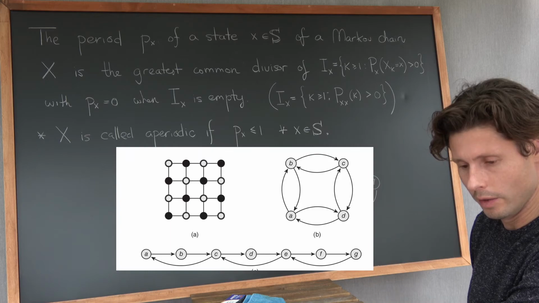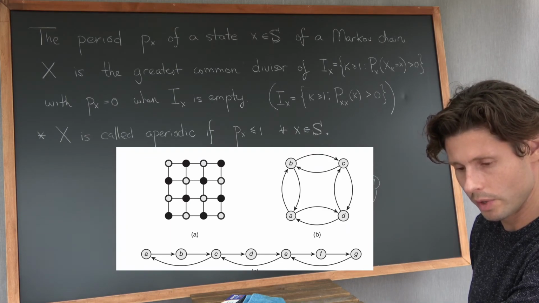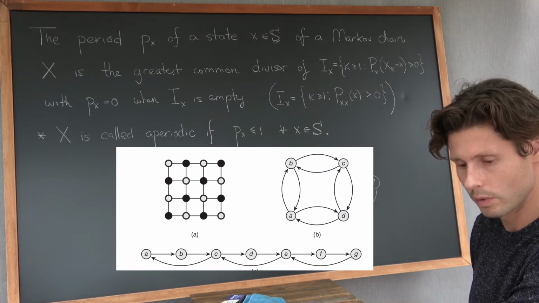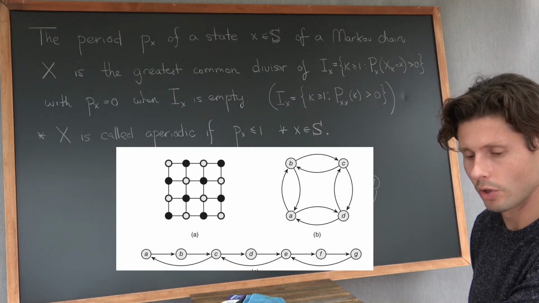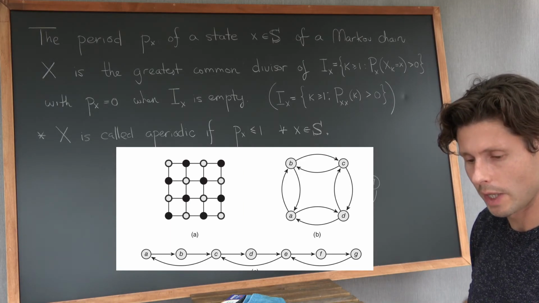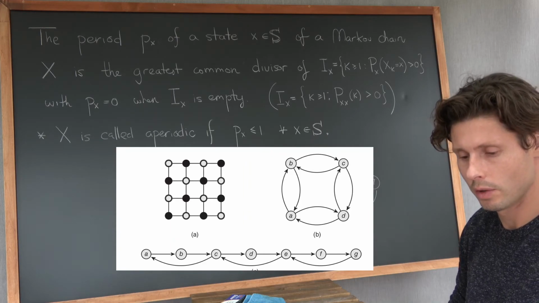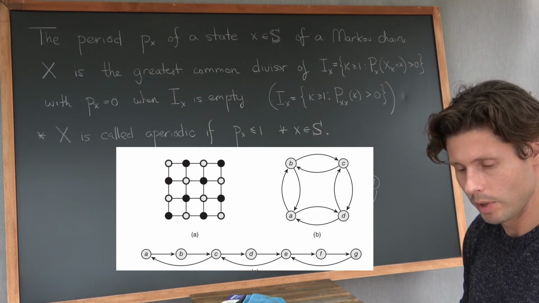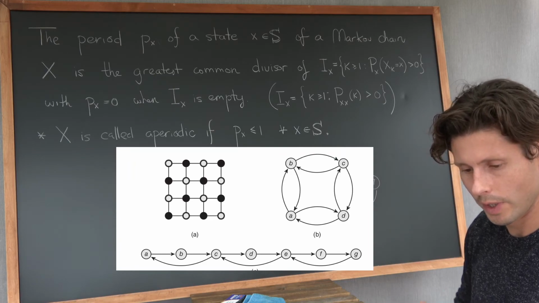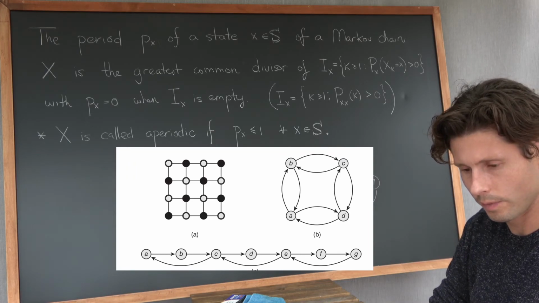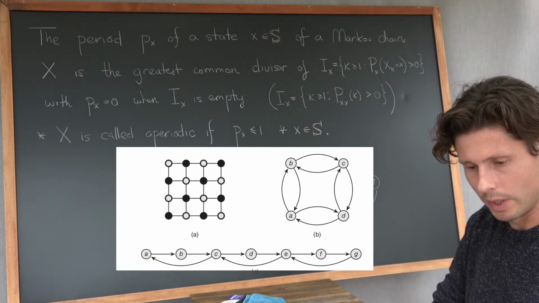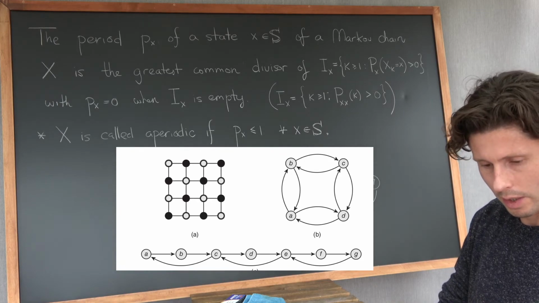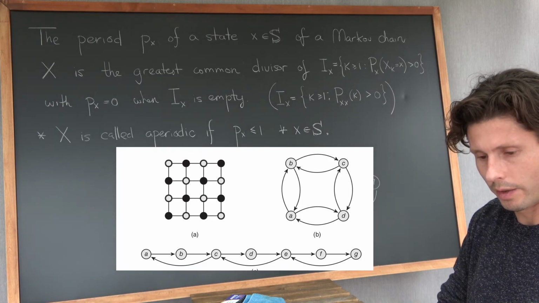And then on the right-hand side, figure B, I believe the period also looks to me like 2. Again, you don't necessarily return just after a period number of steps. You can return after 4, and maybe even longer, right? So I guess after 4 steps, you maybe have to return. No, you don't have to return. So anyway, these are slightly more complicated chains to think through to make sure you understand the concept.